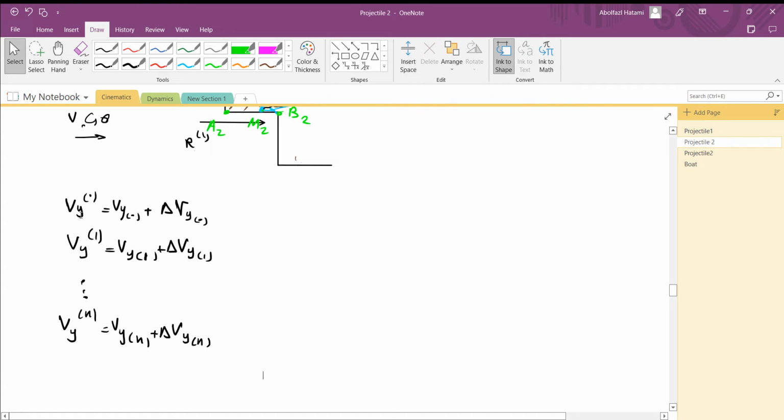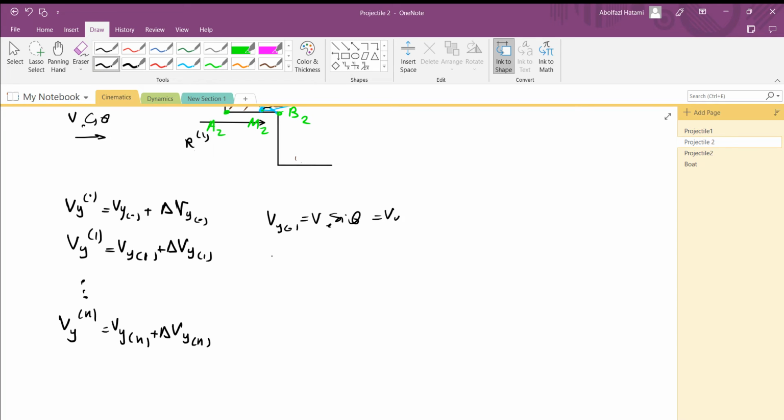It means that I should find vy1, and how delta vy1 is going to change by changing the initial velocity. And I forgot the fact that we know vy0 is equal to v0 sine of theta, and they are all the same. And vy1 is equal to this, it is equal to vy2, and it is the same as vyn.